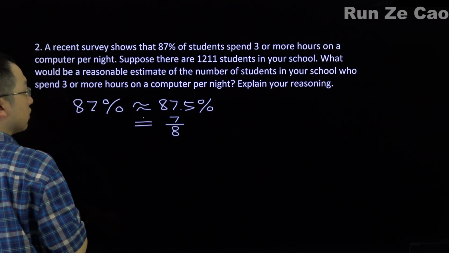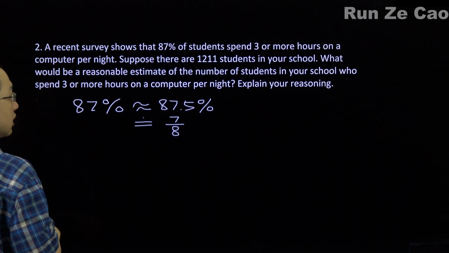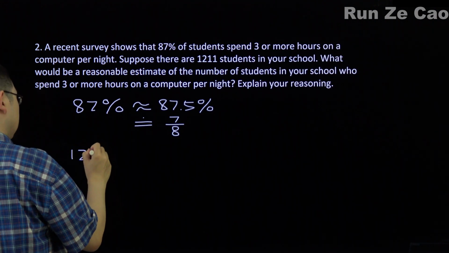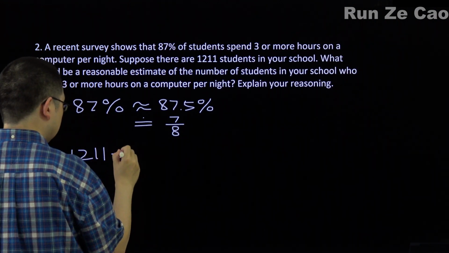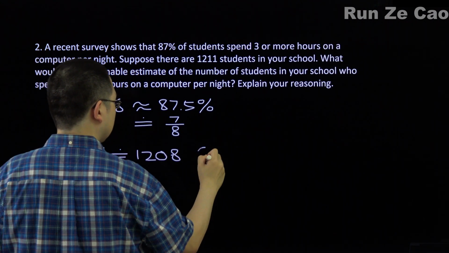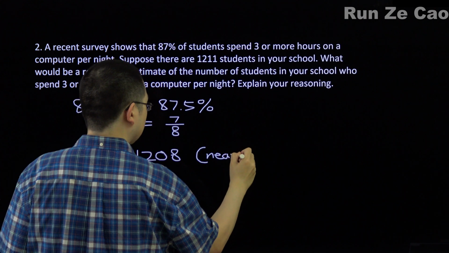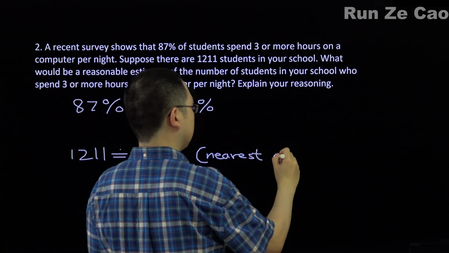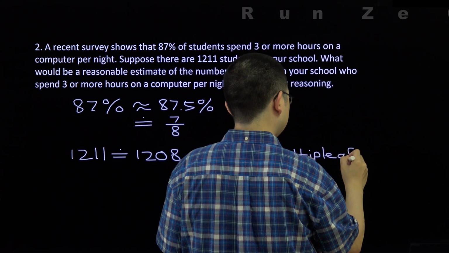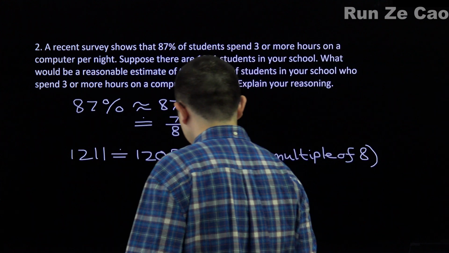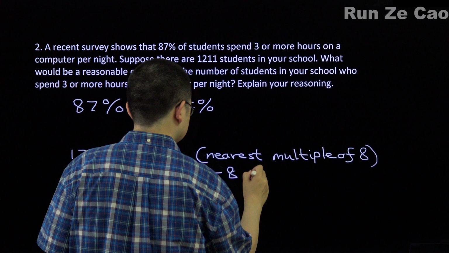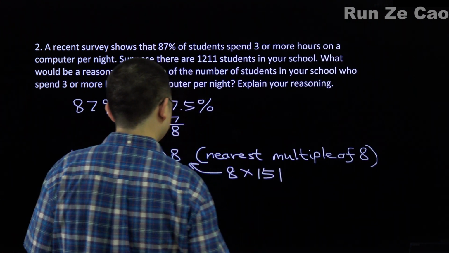So 1,211 students, rounding to the nearest multiple of 8 is okay. 1,211 is approximately equal to 1,208. Nearest multiple of 8. Specifically, this is 8 times 151.